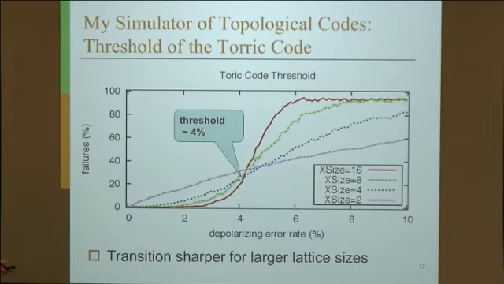So here I varied the error rate with which I injected errors into the system, and on the y-axis is the percentage of the time that I can successfully recover from the error.